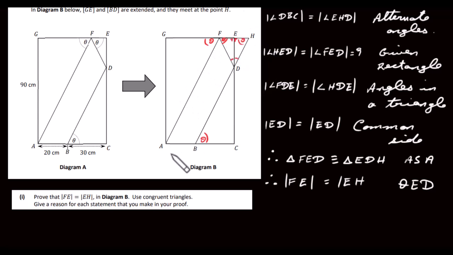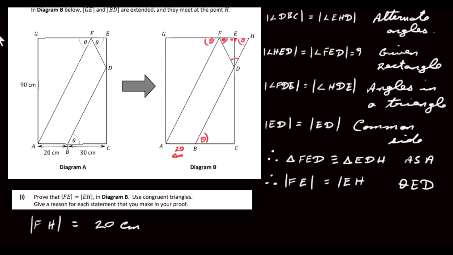So if they're parallel, we know that this is 20 centimeters here. So therefore the distance from F to H is equal to 20 centimeters. Now if F to H is 20 centimeters, then F to E must be equal to 10 centimeters.